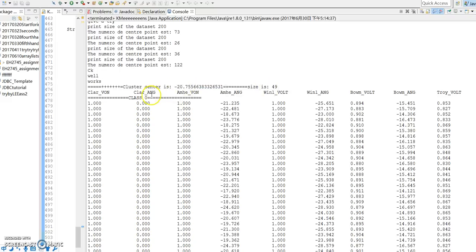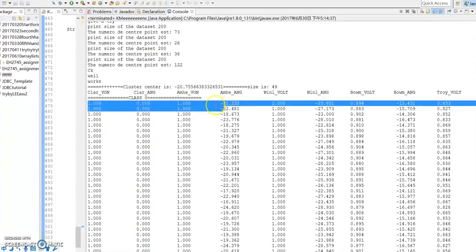And the size of the first class is 49. That means among the 200 learning points in the learning set, we have 49 points included in class 0. And you can see here for class 0, I have printed out the points included with the given values.